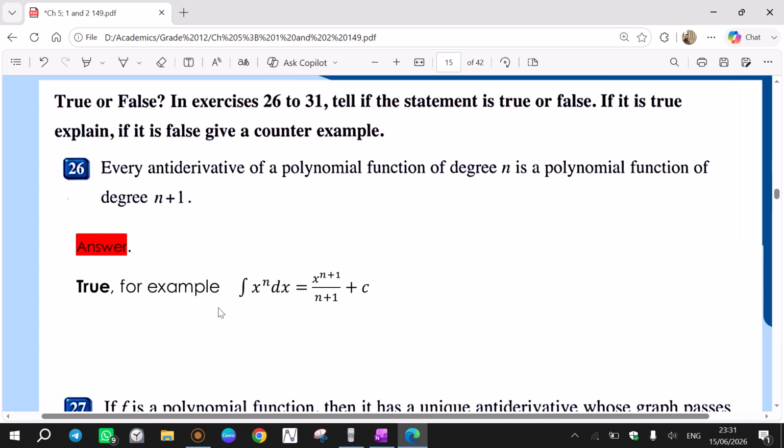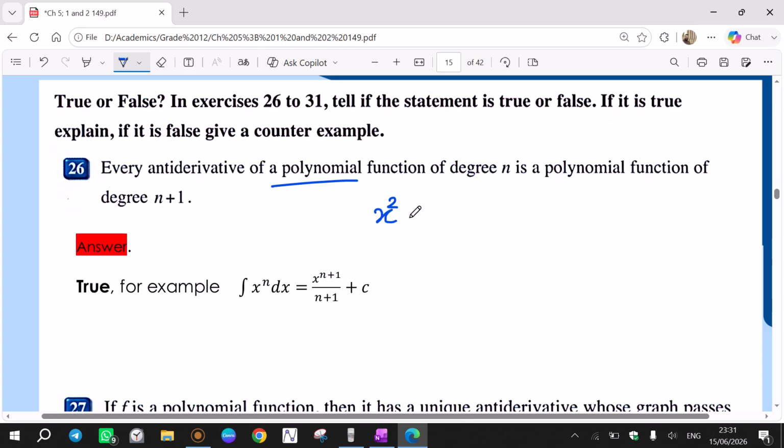Here we have some true-false questions that are very good questions. Every antiderivative of a polynomial function of degree n is a polynomial function of degree n plus 1. Well, by polynomial they mean basic functions, like a function that contains only x and numbers, no fraction, no exponential, no radical, no trigonometric.